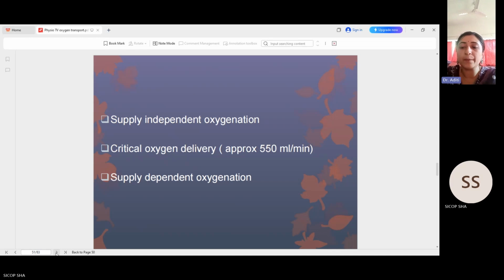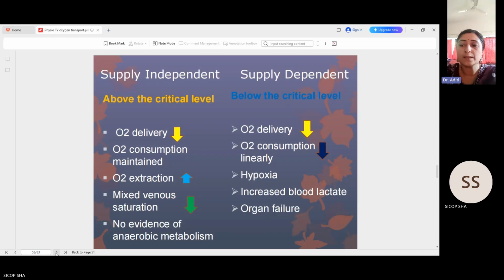Whereas supply dependent oxygenation occurs when a tissue's oxygen consumption becomes directly tied to the amount of oxygen delivery. So if the oxygen delivery falls below the critical level, oxygen consumption will also drop significantly because of insufficient oxygen availability. That is called supply dependent oxygenation.